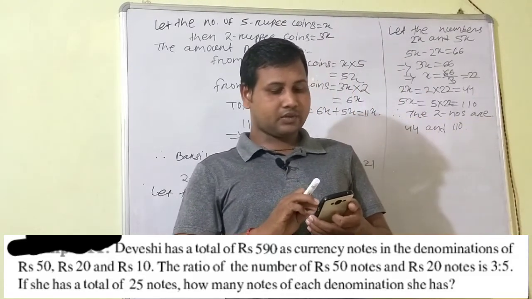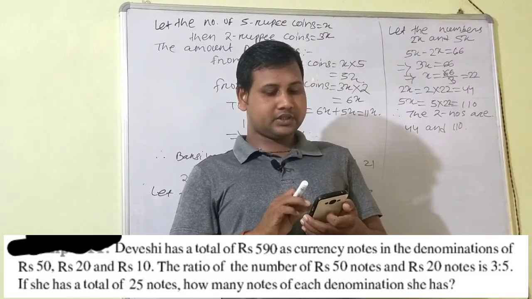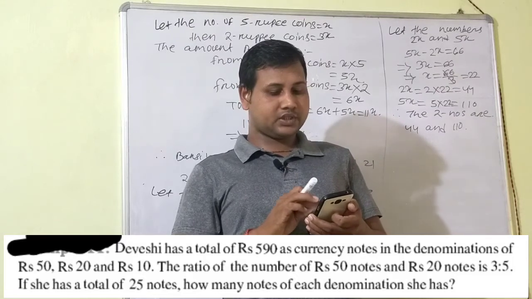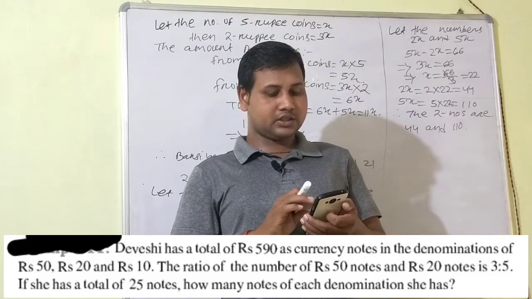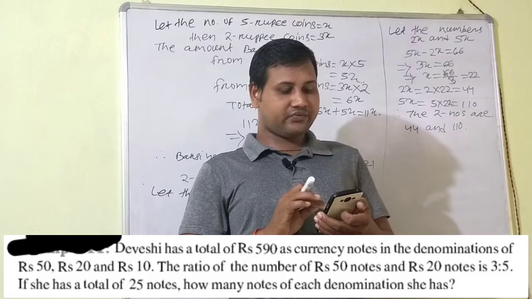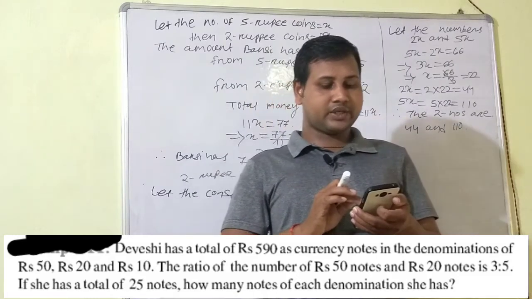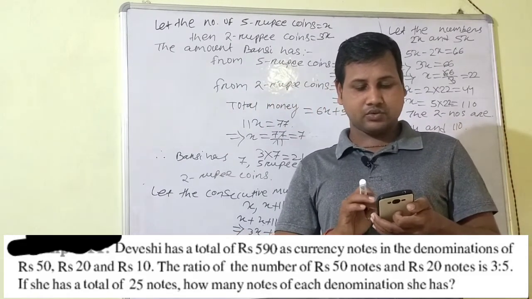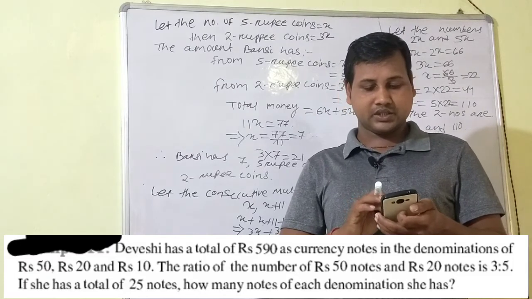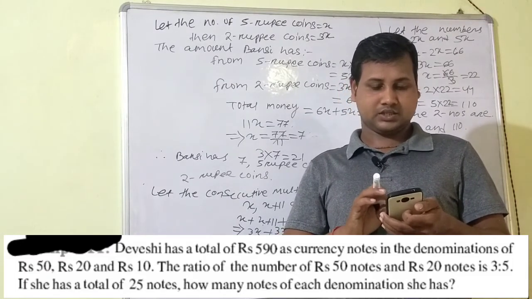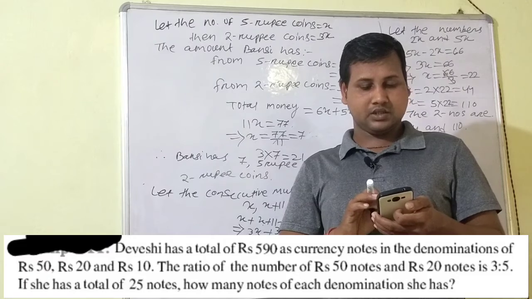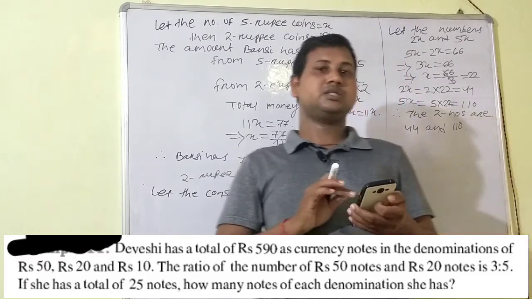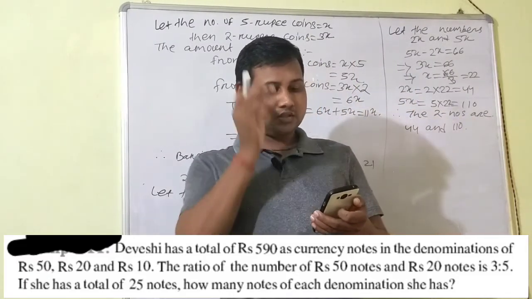The ratio of the number of 50 rupees notes and rupees 20 notes is 3:5. If she has a total of 25 notes, how many notes of each denomination does she have? Very nice. Once again, a currency type question.